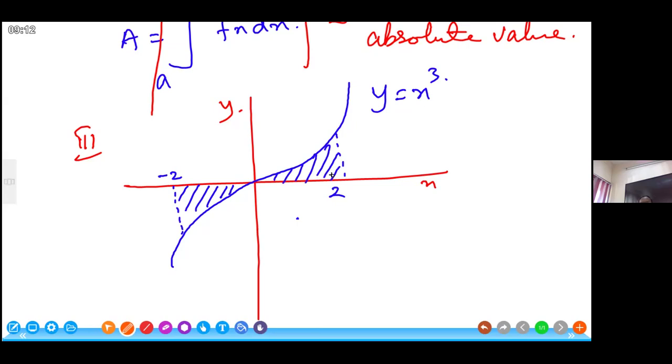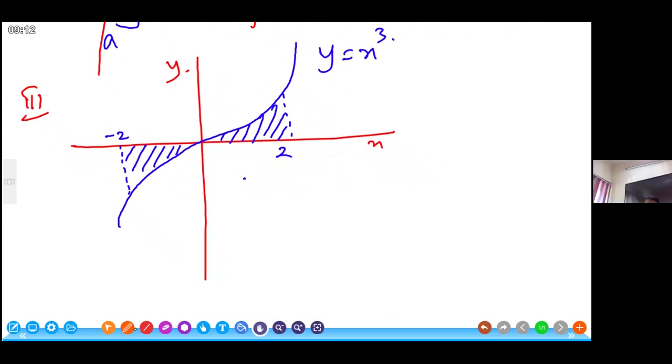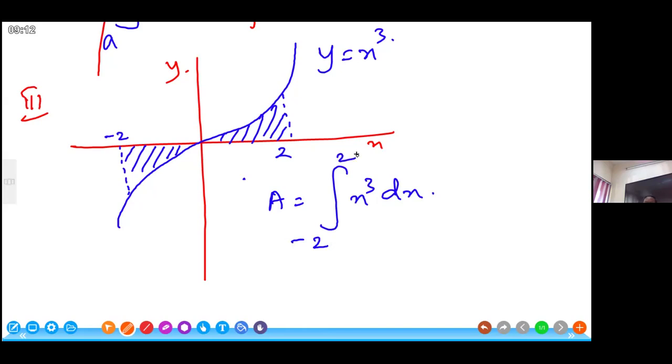So the area is equal to the integration of the given function x to the power 3 dx with respect to x, for the range of -2 to +2.